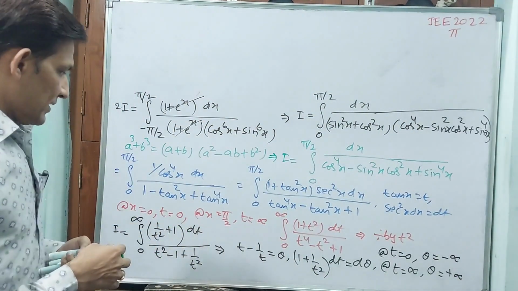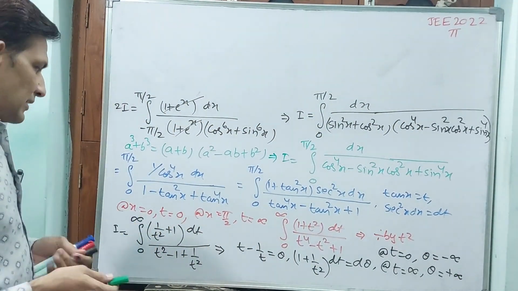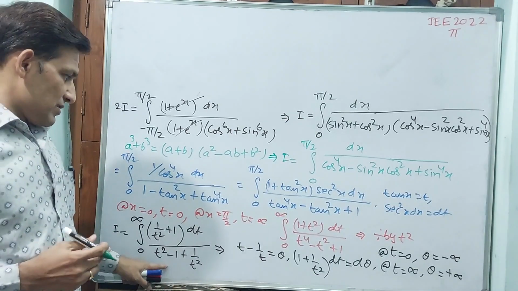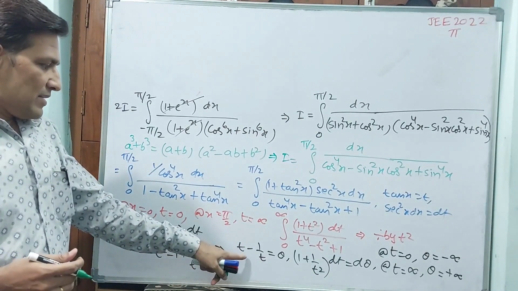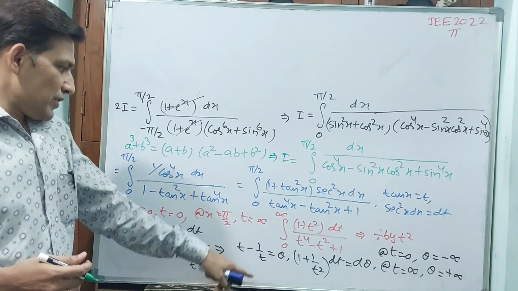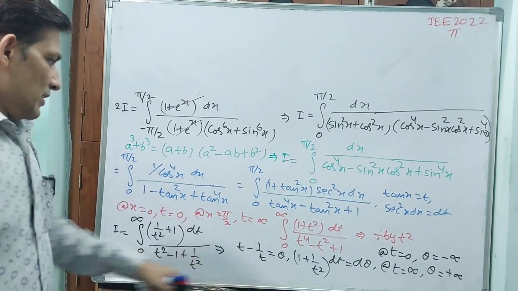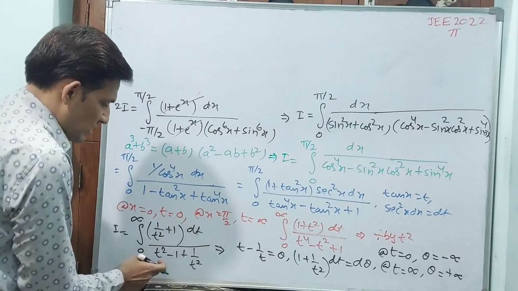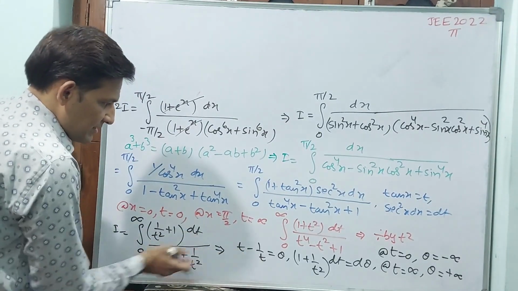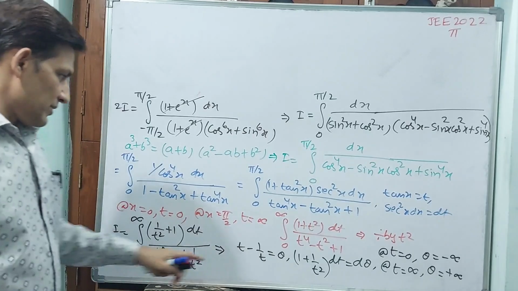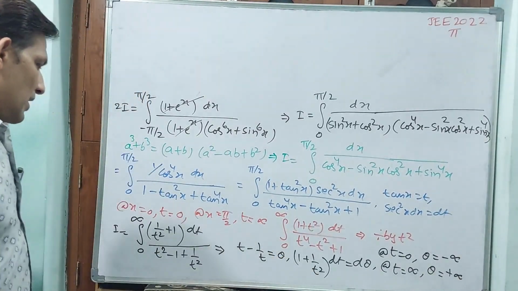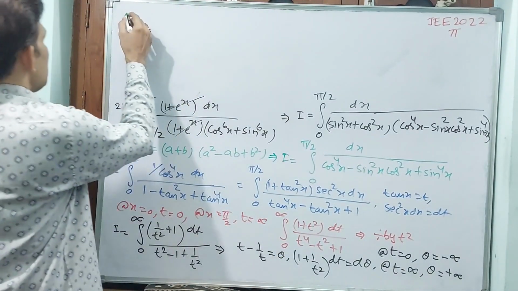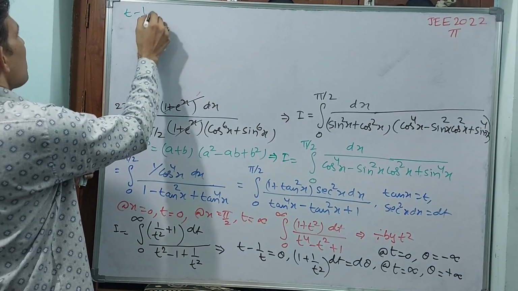Another thing we also have to see: you have to change the denominator also. The numerator 1 plus 1 by t square dt becomes d theta, but what about the denominator? Let me write t minus 1 by t whole square.